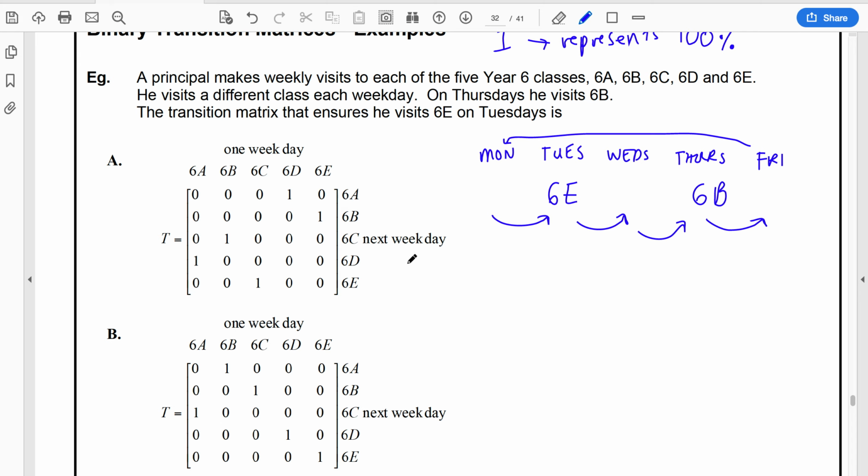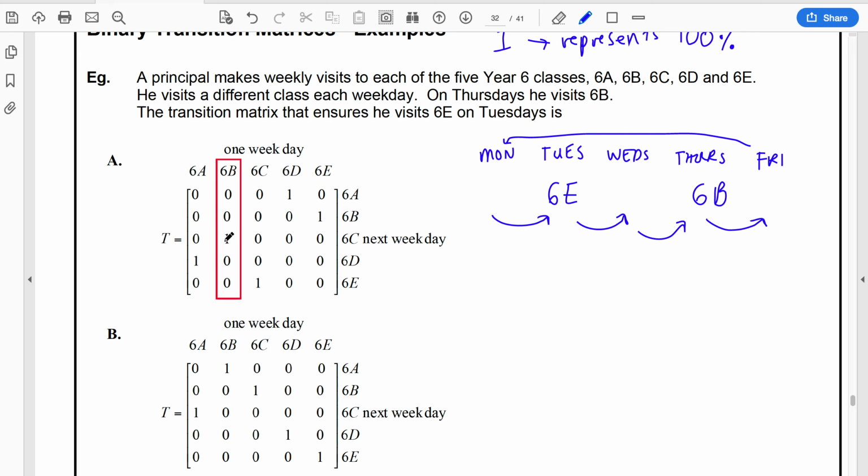So if we consider the information we're given, we're told that on Thursday he goes to 6B. So I'm going to look at 6B for this particular weekday. The reason I put a box around it is you should just be looking at this column. And then you look at where the 1 is, because the position of the 1 will show us what he transitions to for the next day.